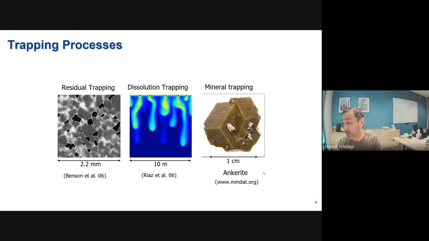You want to remember, though, that you want to inject as much of the CO2 in its fluid phase to occupy as much of the porous medium as possible, to go far and deep before the geochemistry takes its time to turn it into a solid.